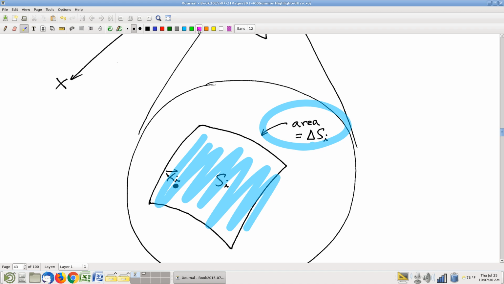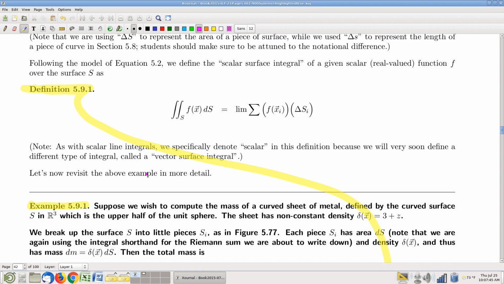Once I do, though, I just need to multiply by the density. Density has to be computed at some point, right? And with those things identified, with area and location defined, I can just write down this formula. The mass on each little piece of area is going to be the area times the mass per unit area at that location where that area is.